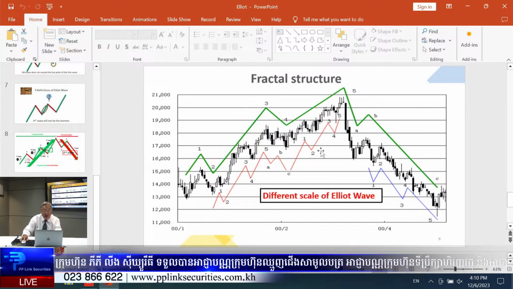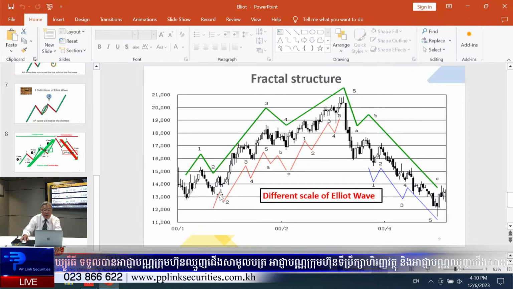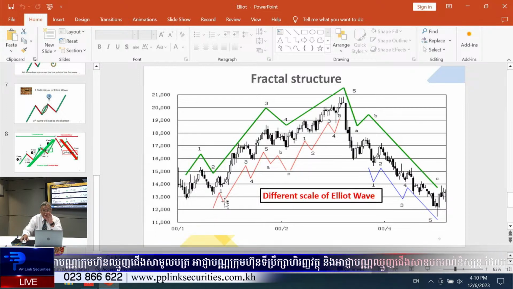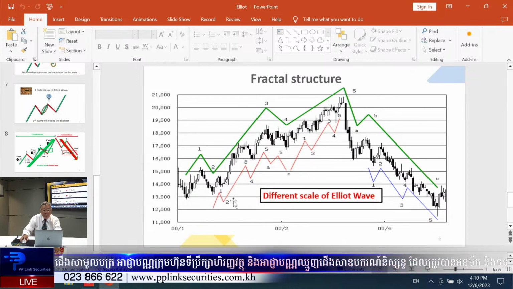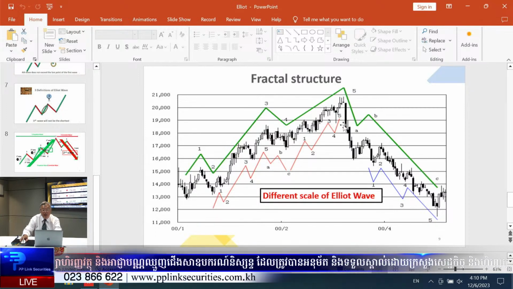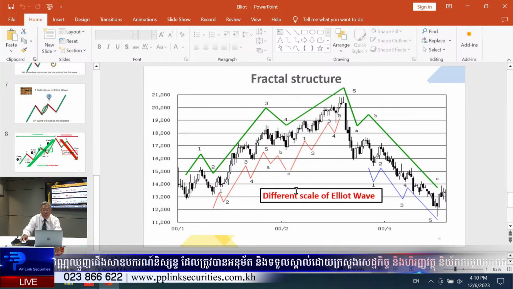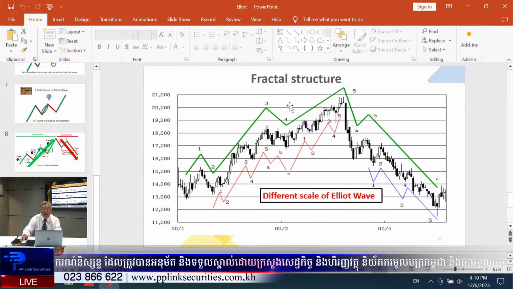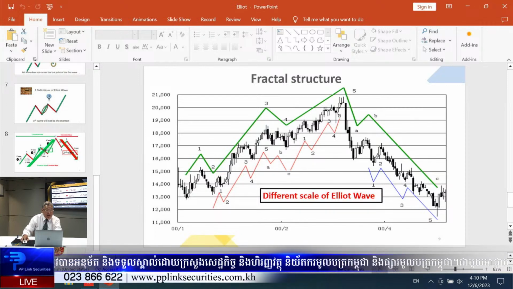But if you analyze, this can be analyzed into shorter waves, okay? 1, 2, 3, 4, 5, and A, B, C, and then 1, 2, 3, 4, 5, okay? So there are 2 cycles in here, okay?